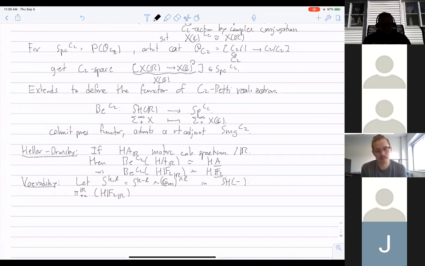I'm looking at the bigraded motivic homotopy groups of that real motivic cohomology spectrum with mod 2 coefficients. Voevodsky calculated this to be F2 adjoin two elements, rho and tau. And this is a bigraded polynomial ring. The grading is like this: tau lives in degree (0,-1), and rho lives in degree (-1,-1).